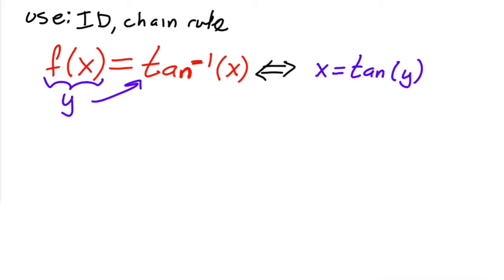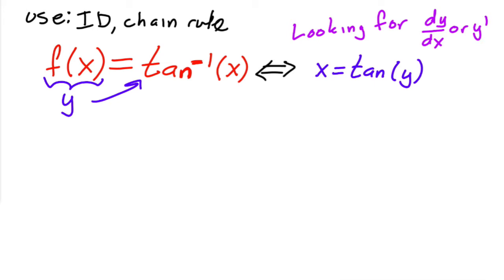Now notice that this looks an awful lot like the implicit differentiation problems that we've done already. Even though we're looking for the derivative of this function, let's make sure we're clear, we're looking for the derivative of y with respect to x, or y prime, whichever way you want to call it.